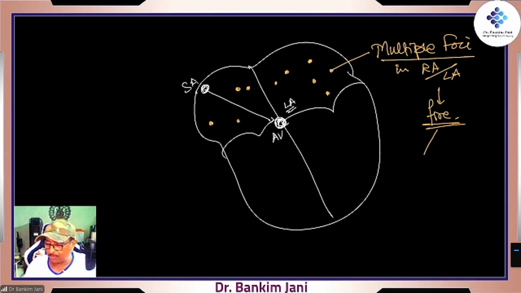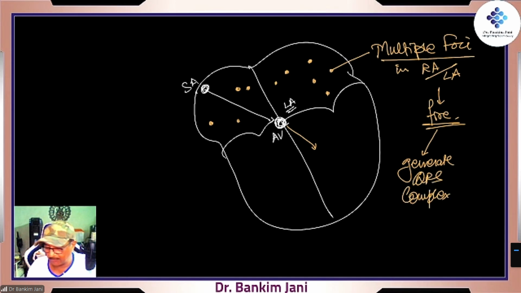Those which have reached the AV node, and the AV node responded, the signal went further. So that would generate QRS complex. Because systems are good from that point beyond. From here everything is fine: the right bundle, left bundle, Purkinje, all are good. So yes, they will contract. What about the others?